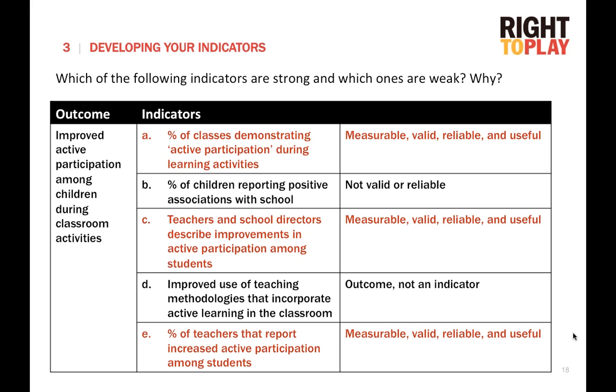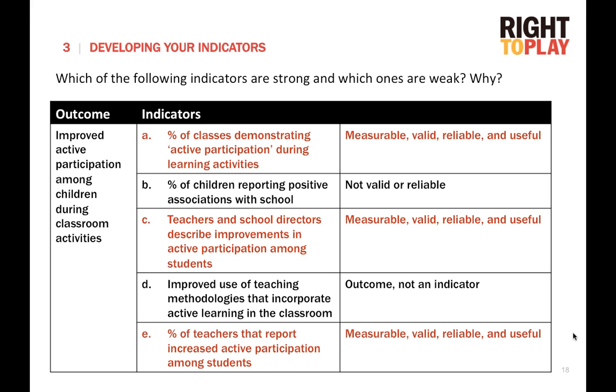It's valid because it directly measures what our outcome is, which is improved active participation among children. It's reliable because it's likely to change quickly in relation to the change in the result. And it's useful in terms of measuring the performance of our program.